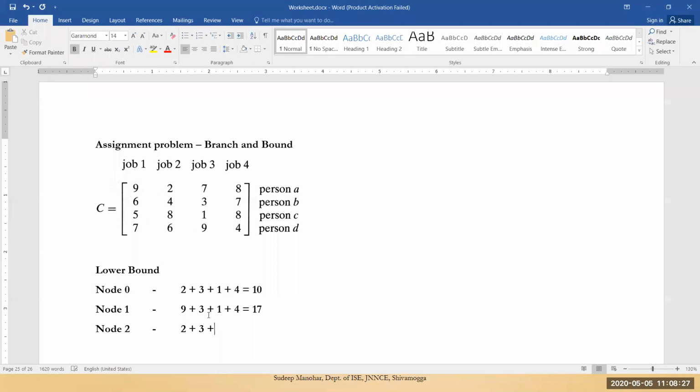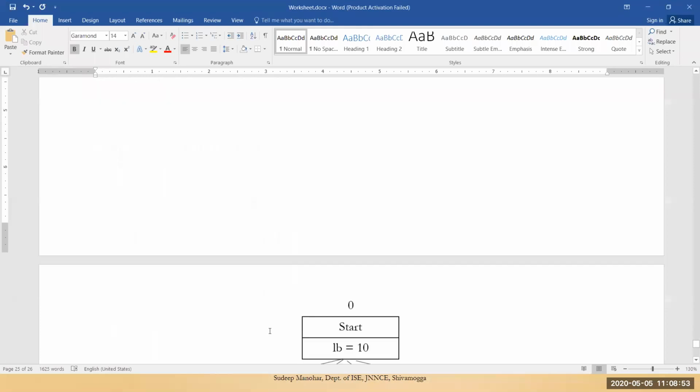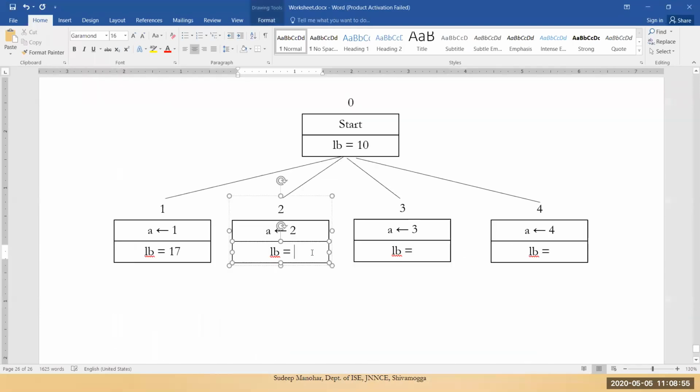For person C, 5, 1, 8, 1 is minimum. Person D, 7, 9, 4, 4 is minimum. So what is the answer? 2 plus 3, 5, 5 plus 1, 6, 6 plus 4 is 10. The lower bound for node number 2, we got it as 10.